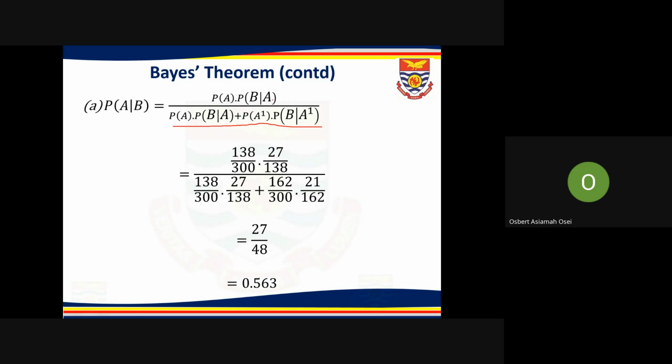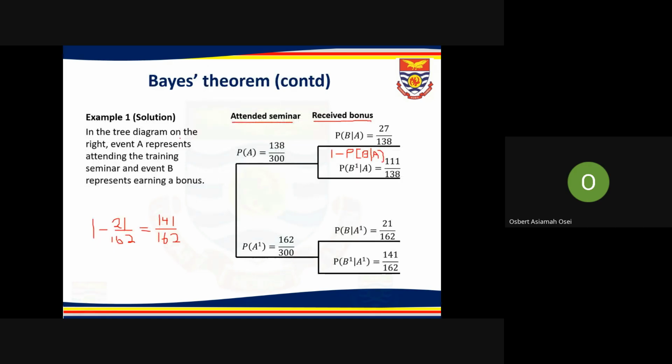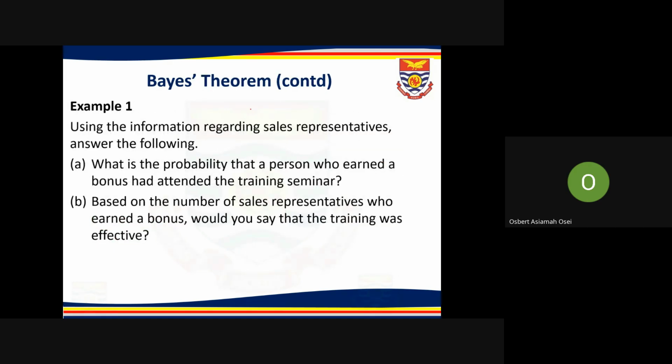So everyone, let's get the formula down, as the question is demanding us to find the probability of attending the seminar, given that the person has already earned a bonus. The probability that a person who earned a bonus had attended the seminar.